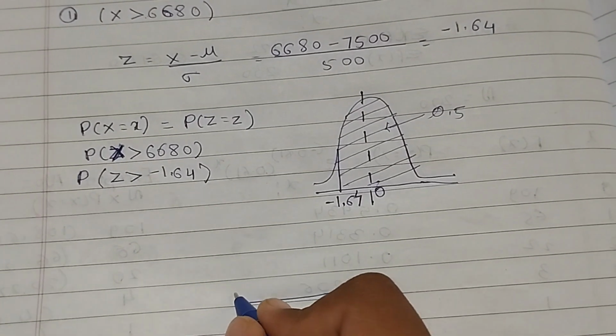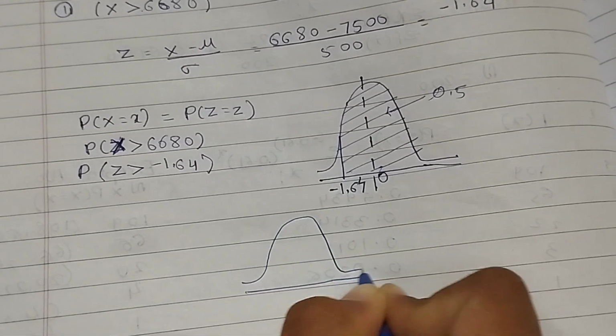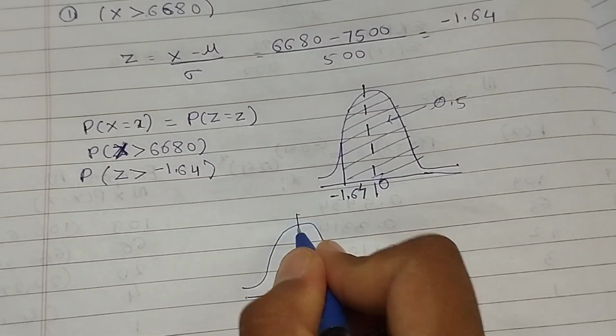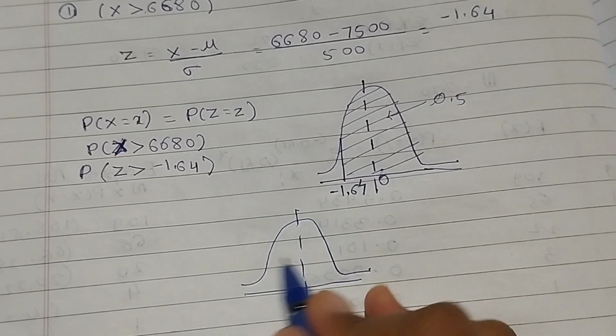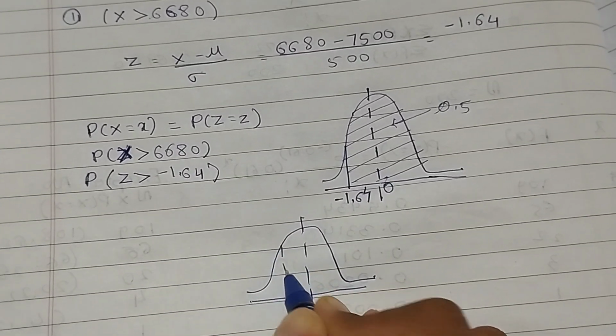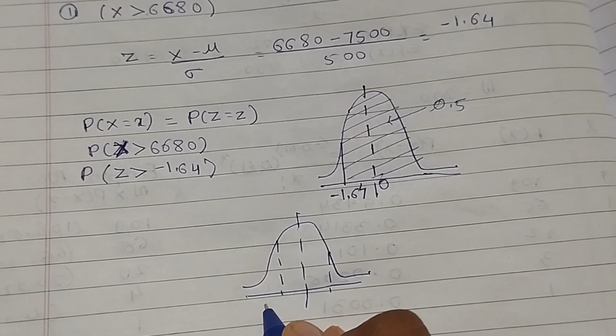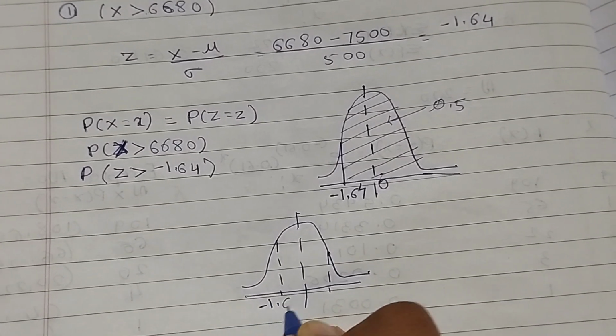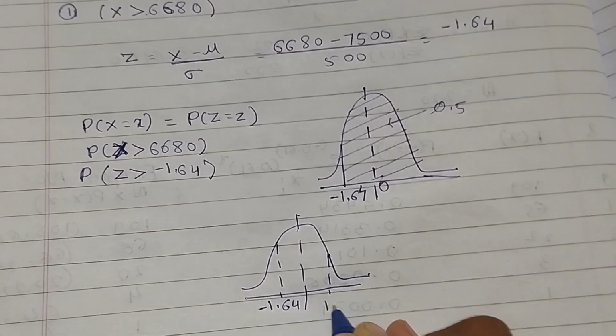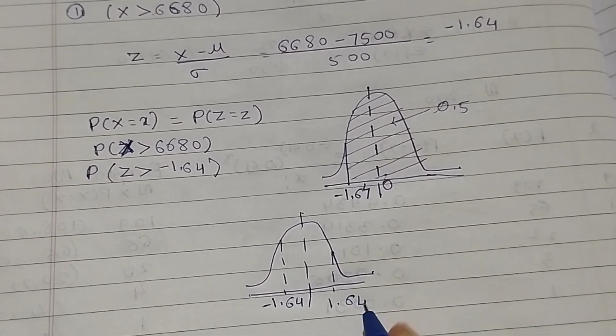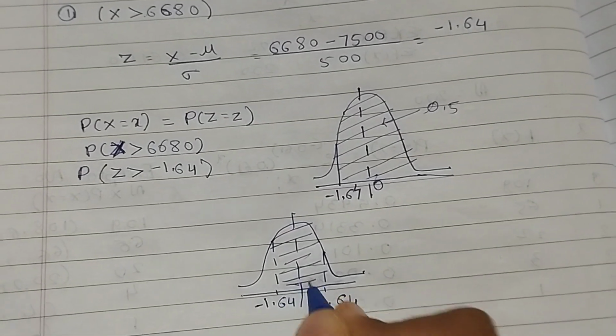Let's draw one more curve for our understanding. This is the midpoint, and in the given data they give us the area of the curve from minus 1.64 to positive 1.64. This shaded portion is given.